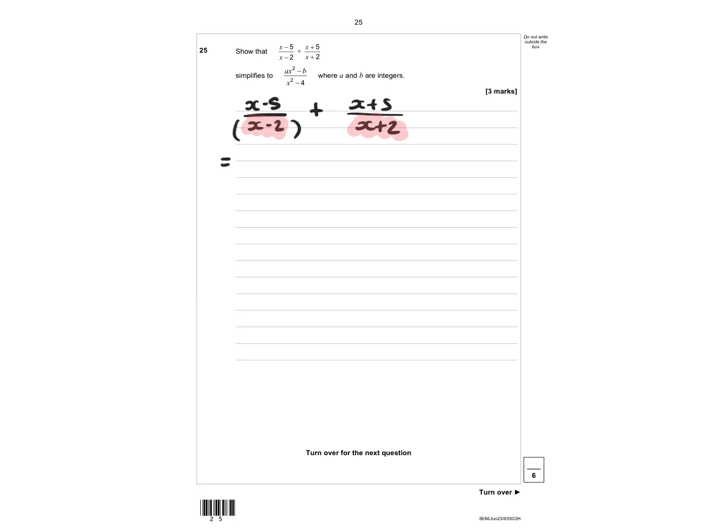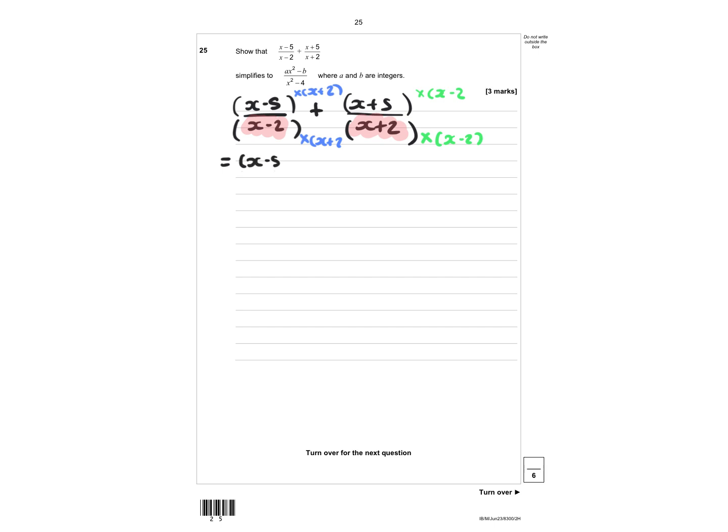So what this means is we need to multiply both the numerator and denominator of the first fraction by x plus 2, and we need to multiply the numerator and denominator of the second fraction by x minus 2, and that way both fractions will have a denominator of x plus 2, x minus 2.